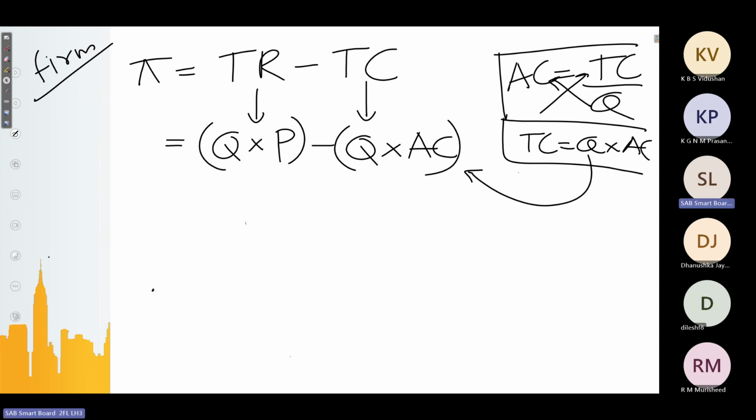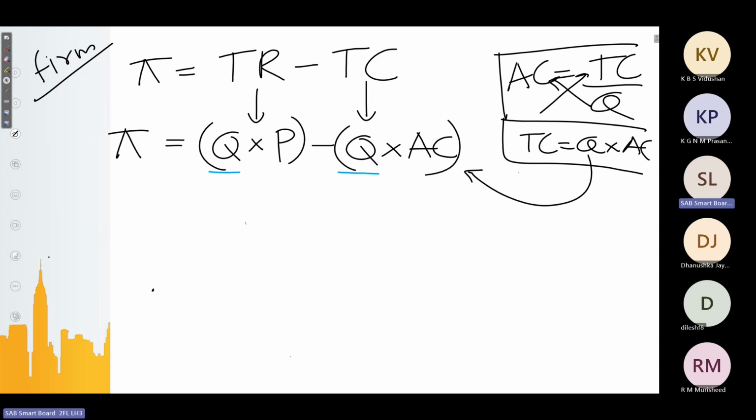And what is this profit? Profit equals total revenue minus total cost. Total revenue is Q into P. Total cost is Q into AC. So ultimately profit equals Q into P minus Q into AC. Do we see any common term on the right hand side? Yes, Q is common.